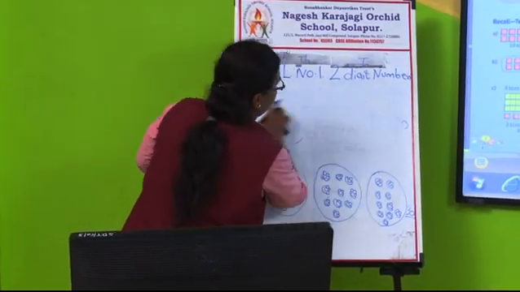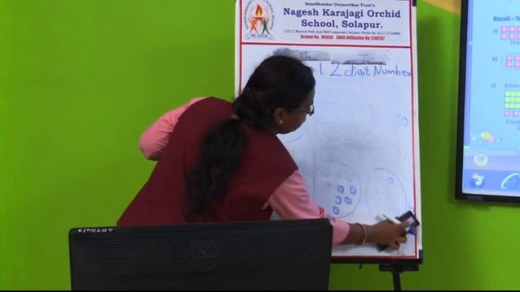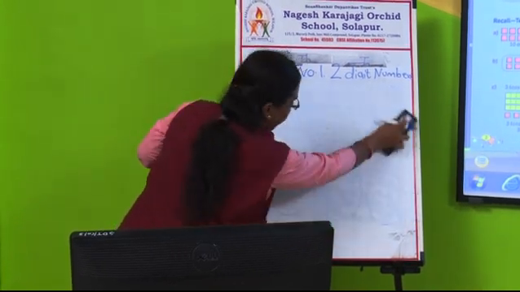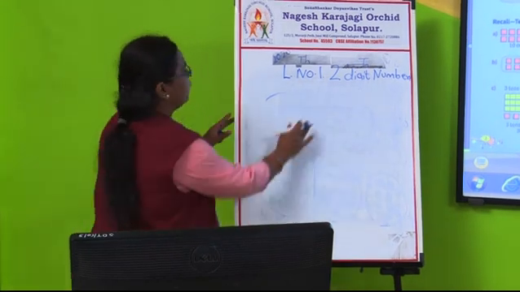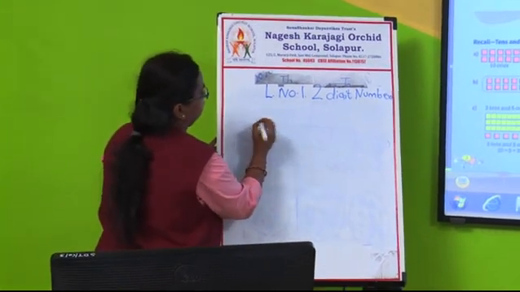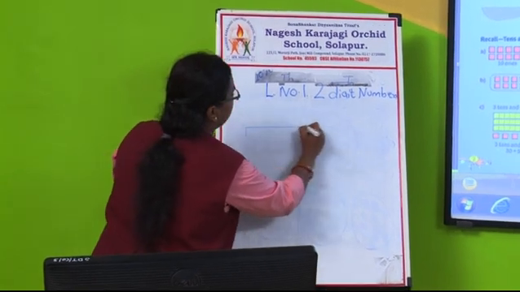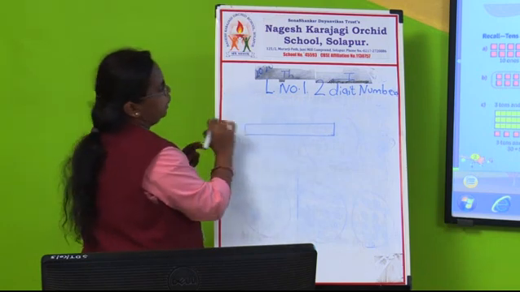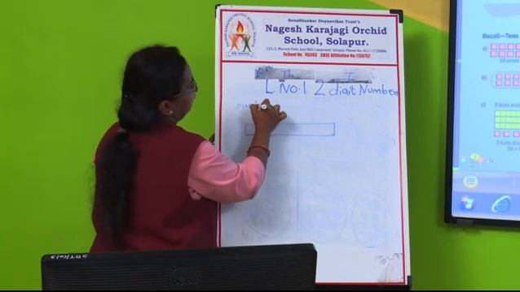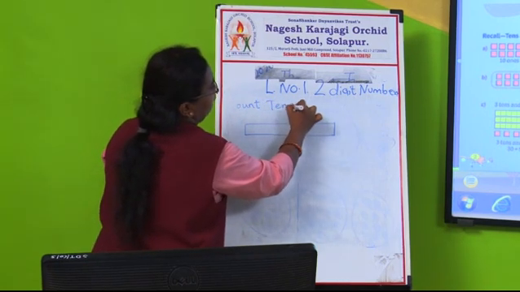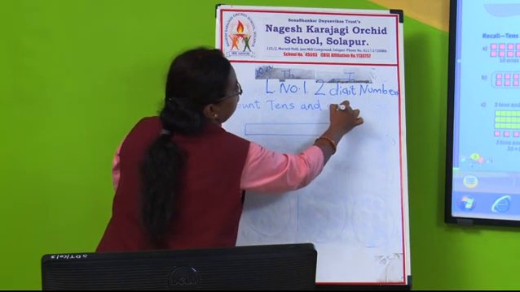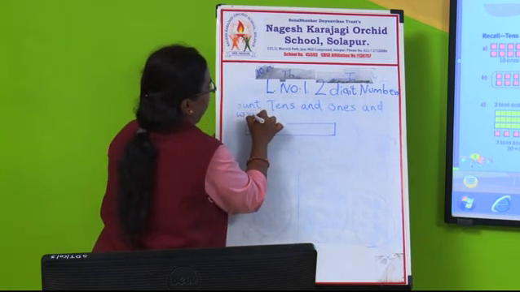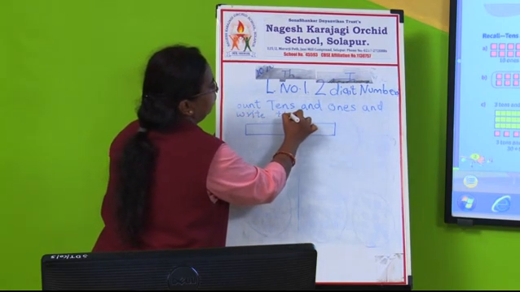Now see here, in this box we want to take 3 tens. Count the tens and ones and write the number.